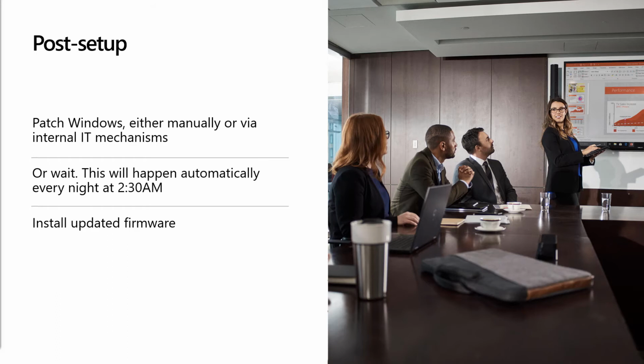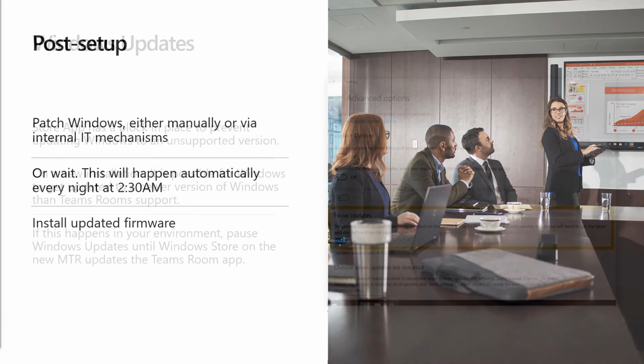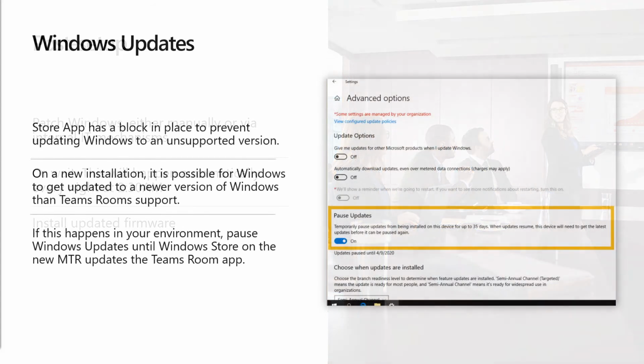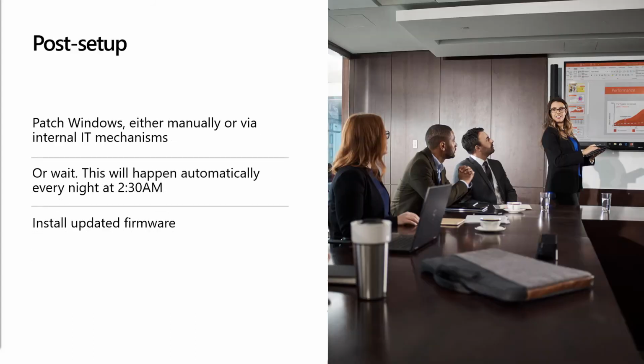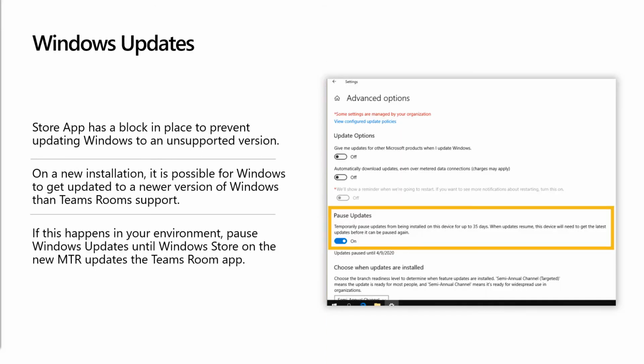Also be sure that after you've updated Windows, you've updated firmware. Not just of the attached components, such as cameras, microphones, and speakers, but of the Windows 10 Compute module as well. The Microsoft Teams Rooms app installs blockers to prevent installation of a version of Windows that is unsupported.